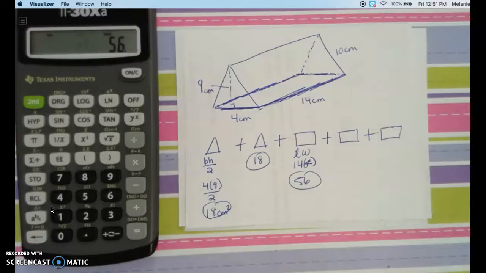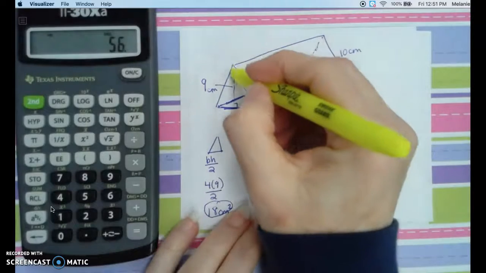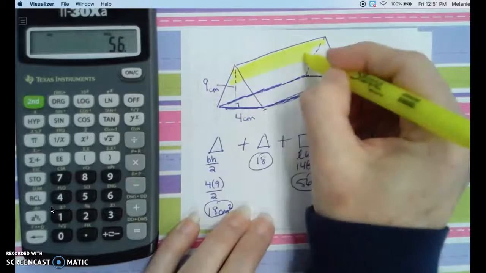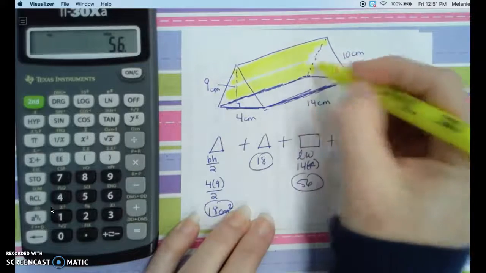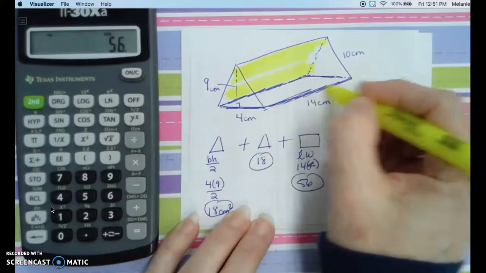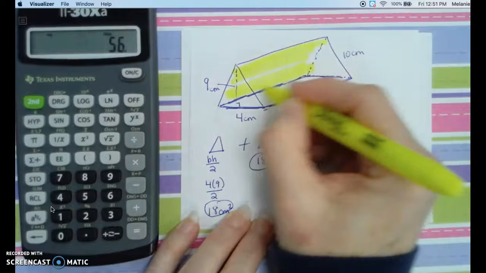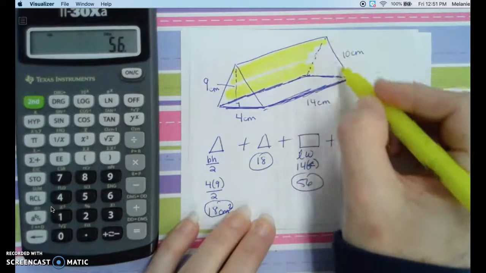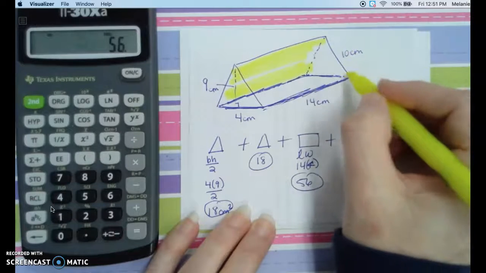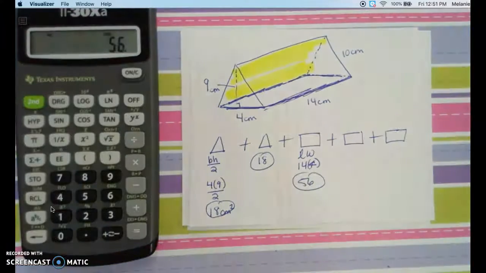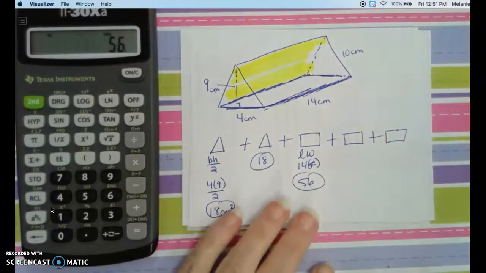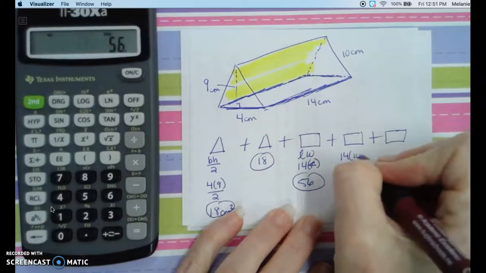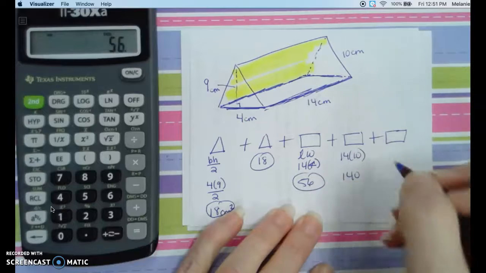And then I need to find another rectangle. So let's do the side that looks like it's at the back. So we're going to hit 14, which is easy because if this side is 14, this side is 14. And then we're going to hit the 10. So 14 and 10, which is going to give us 140.